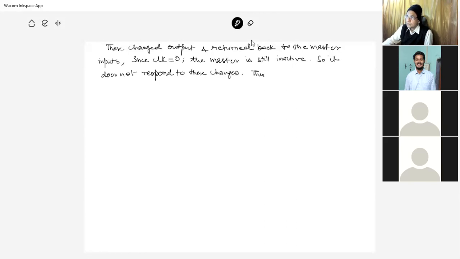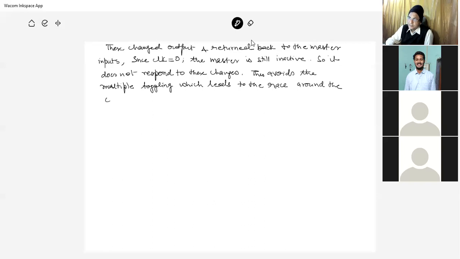This avoids the multiple toggling, which leads to the race around conditions.